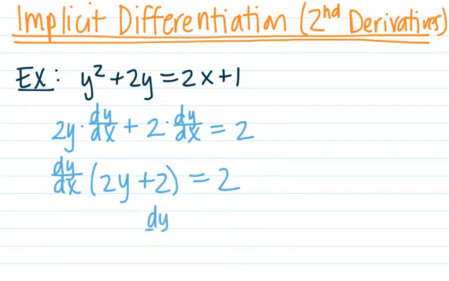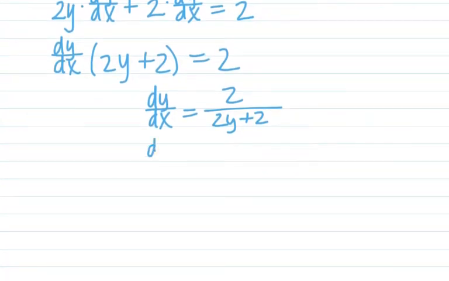So we get dy over dx equals 2 over 2y plus 2, which we can of course simplify. Everything's divisible by 2. So for my final answer, I'll say dy over dx equals 1 over y plus 1.